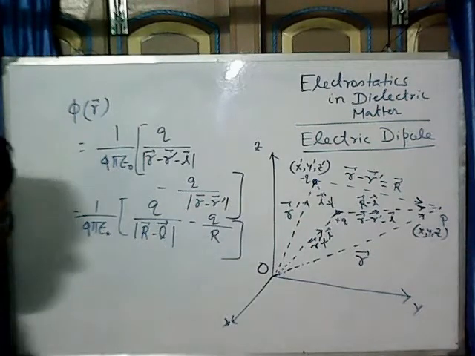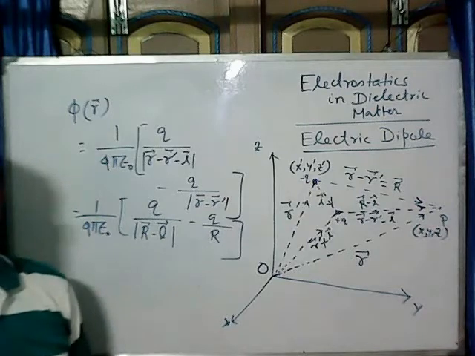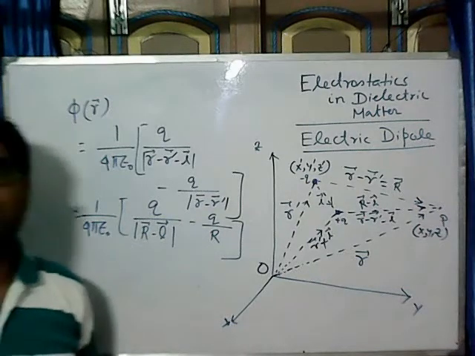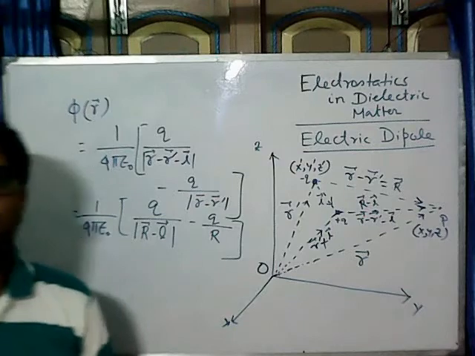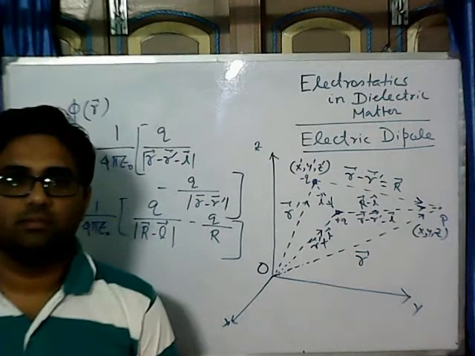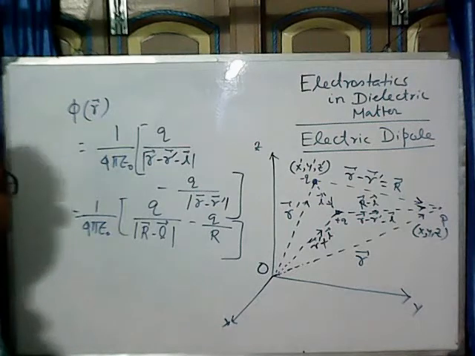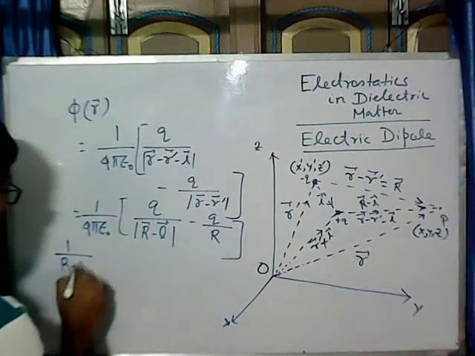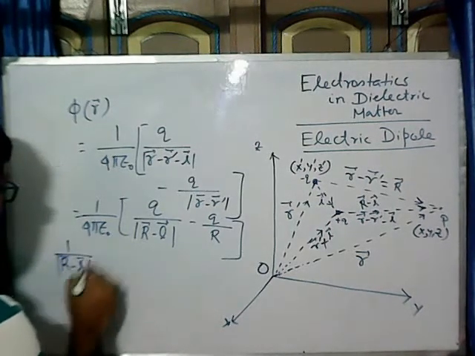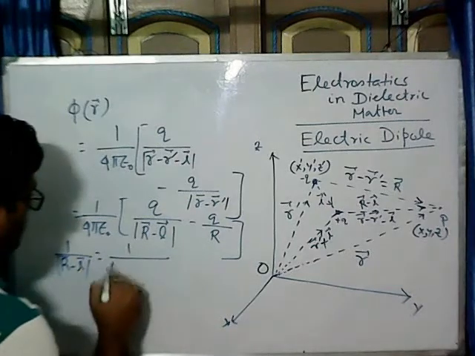Now here we will make one assumption, that this r is very large compared to the length of the dipole. In that case we can expand this 1 by mod of R minus l.